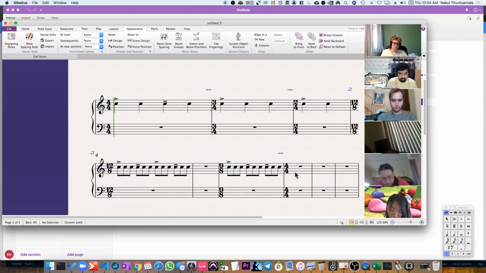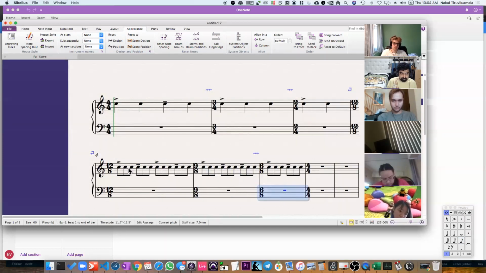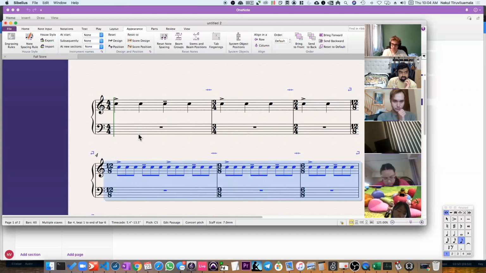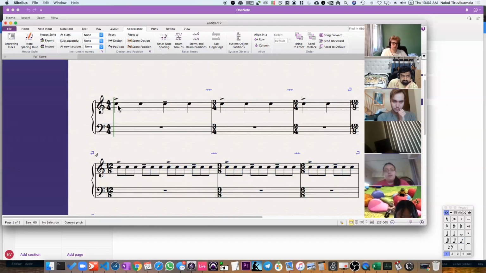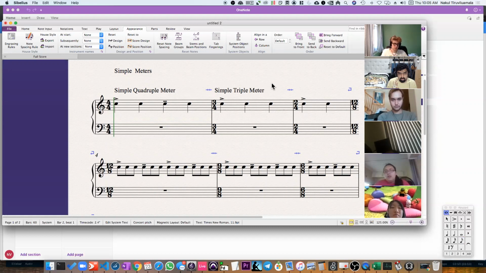Okay. So what I'm trying to illustrate here, if you remember, is simple meters. What we have is a simple quadruple meter. Over here we have a simple triple meter. And then we have a simple duple meter. Over here we have the compound meters.